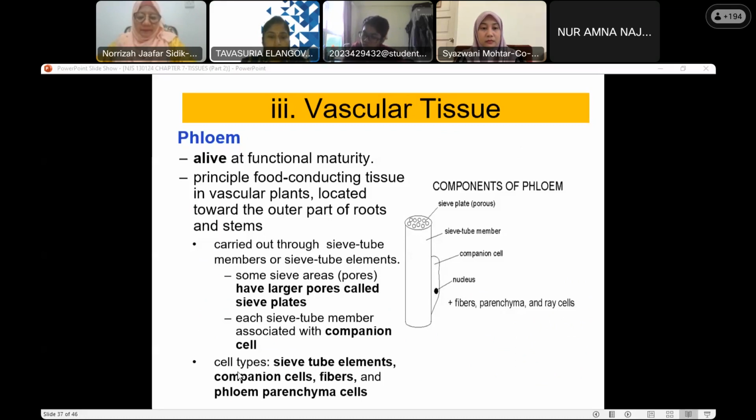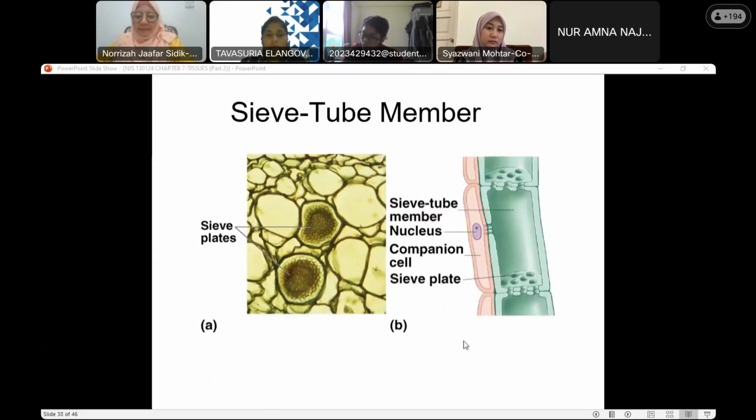They have many different cell types, which are the sieve tube elements, companion cells, fibers, and phloem parenchyma cells. So these are the sieve plates, the companion cell, and the sieve tube member.